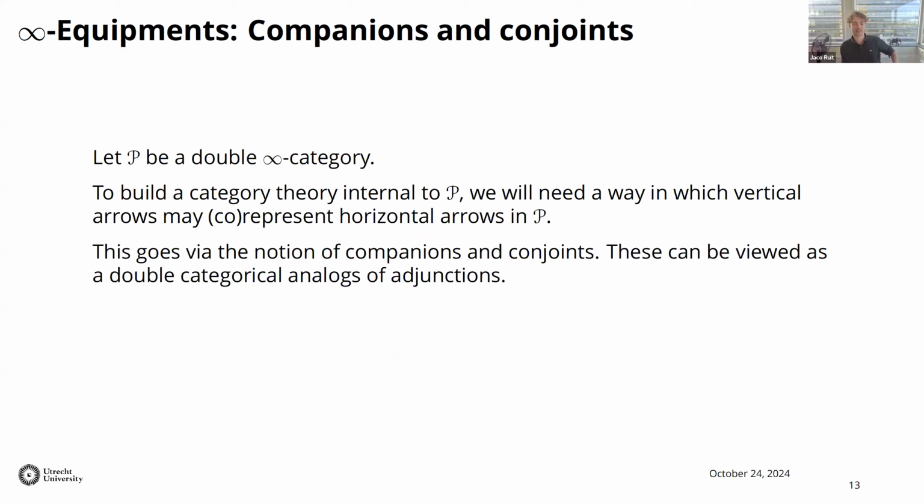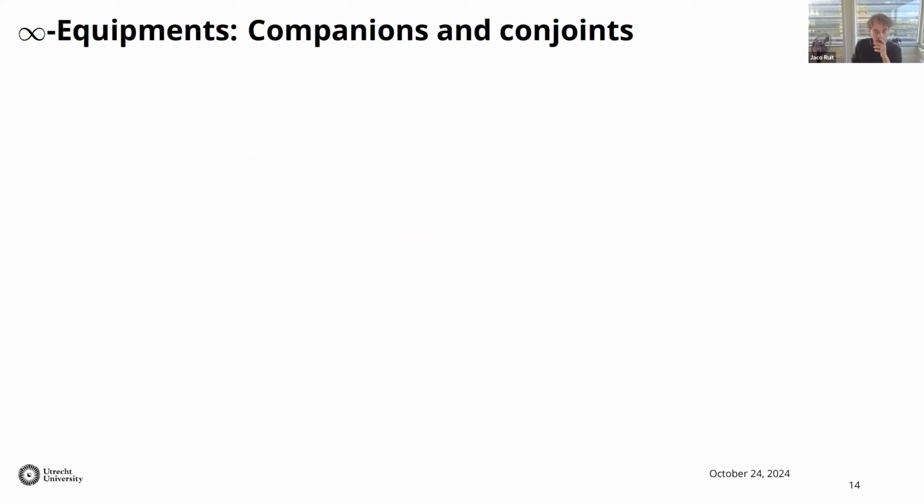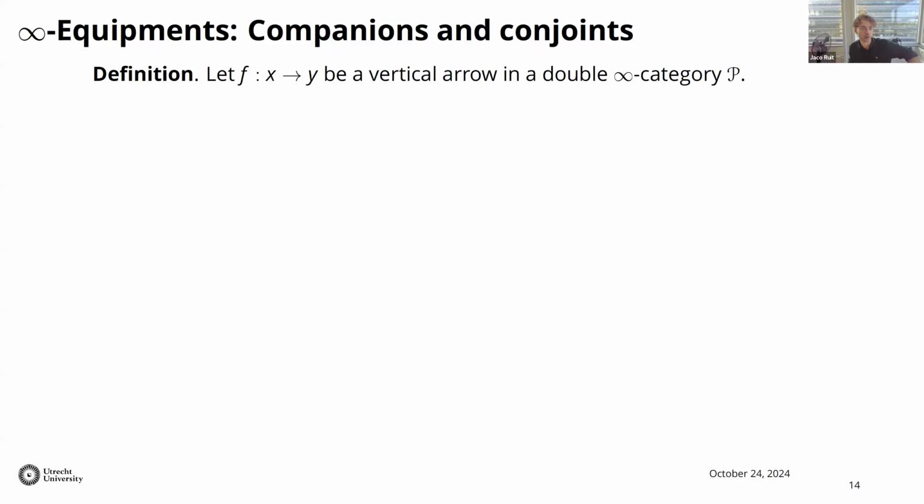All right. So let me continue with the story about companions and conjoints. Let me give the definition of a companion. This is completely similar to the case for double categories.